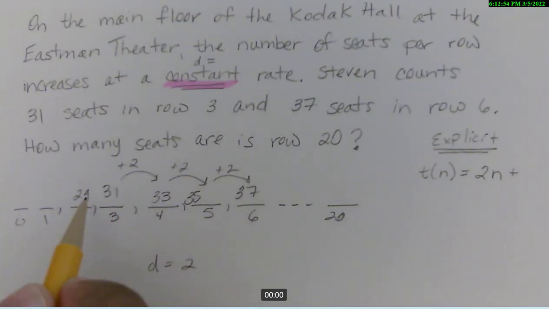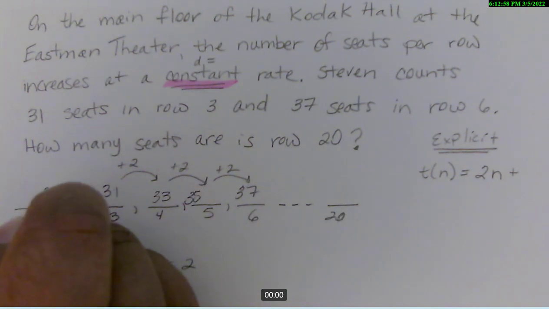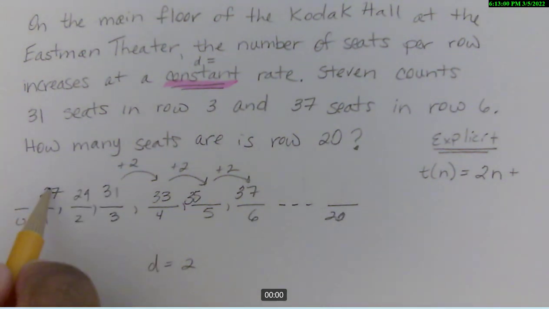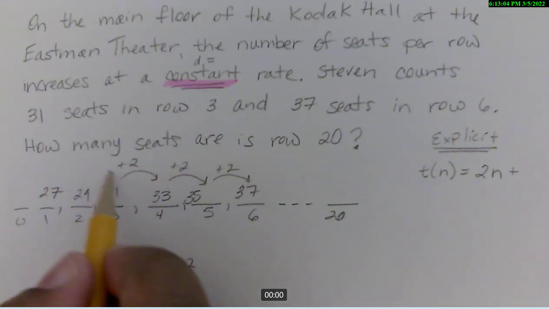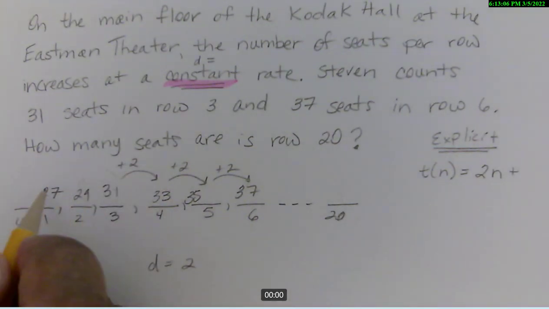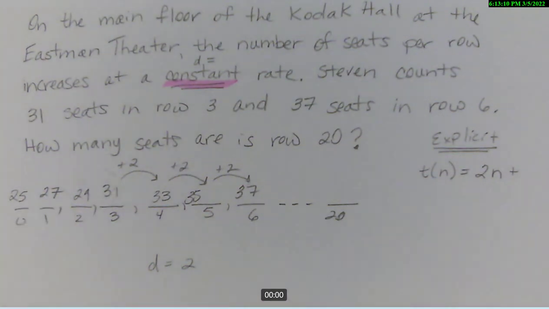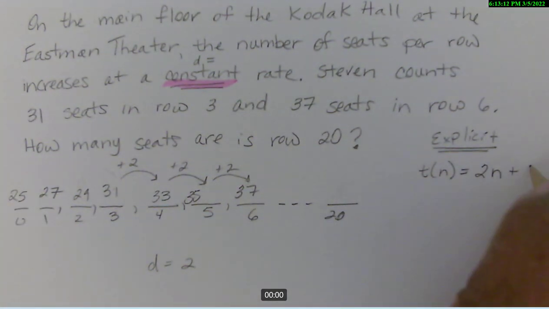And then working backwards from 29, 28, 27. And then working backwards, see, I'm counting backwards too, right? Because this is still plus 2, plus 2, plus 2. But working backwards from here is 26, 25. So that means that the t of 0, or the starting number, is 25.